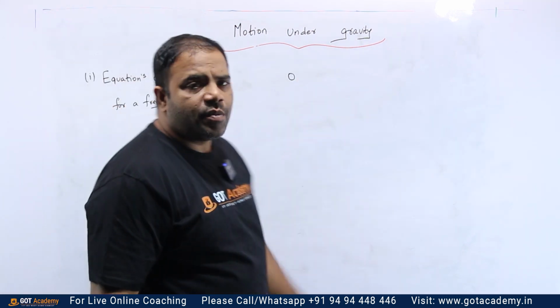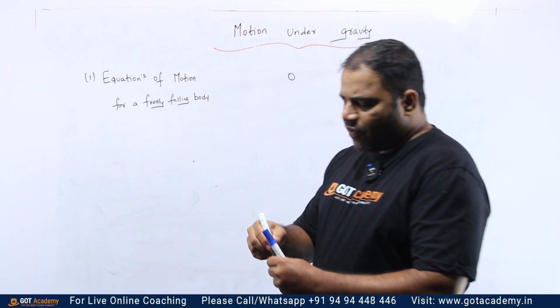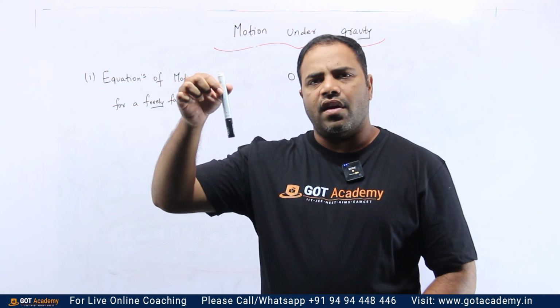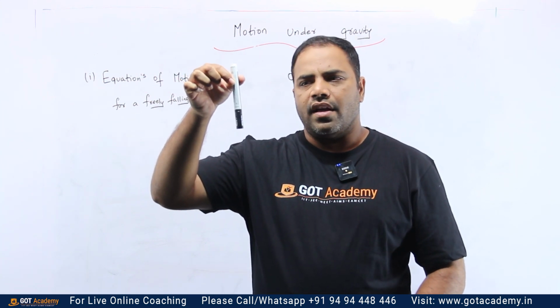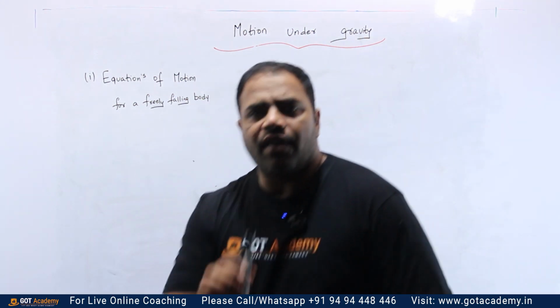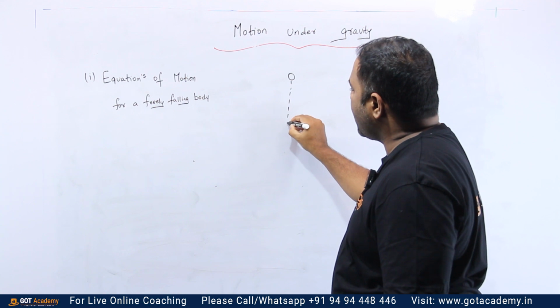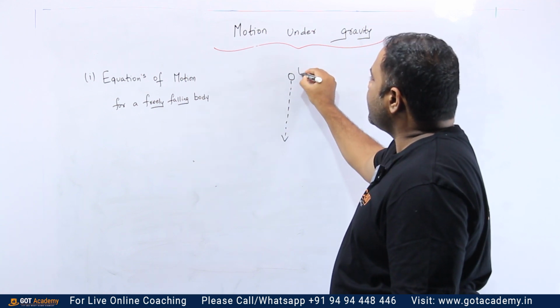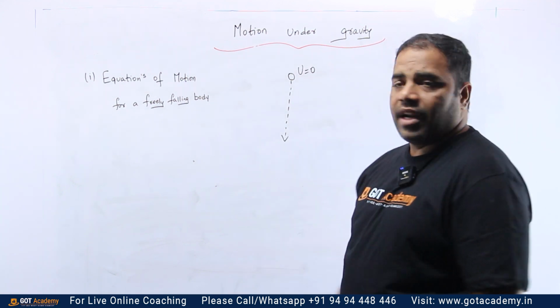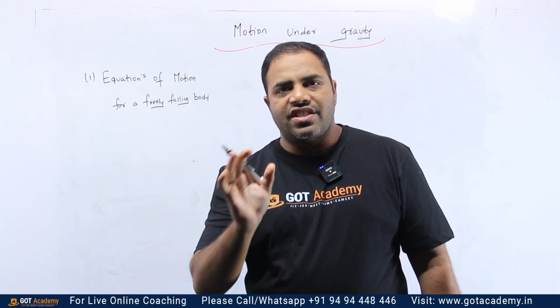Let this circle be assumed as a body. So I am saying freely falling. What do you mean by freely falling? If I say this is a body, if I just leave it like this, now this comes under the freely falling case. So freely falling in the sense, let me represent it by dotted lines, whose initial velocity is 0. Repeating, initial velocity of a freely falling body is 0.